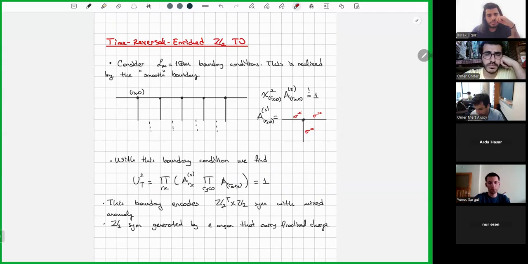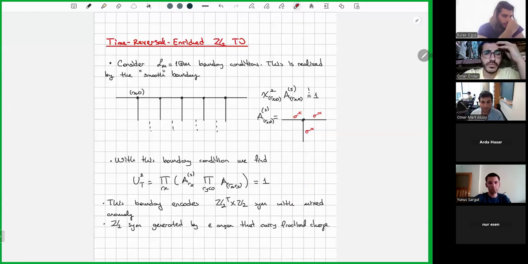And then remember that choosing the M condensed boundary means that the E lines become like a Z2 symmetry for the physical boundary. So this boundary condition encodes a Z2 times Z2 symmetry with mixed anomaly. Why mixed anomaly? Because my symmetries are implemented by this U operator and my E lines. But the E lines carry fractional charges under the time reversal.